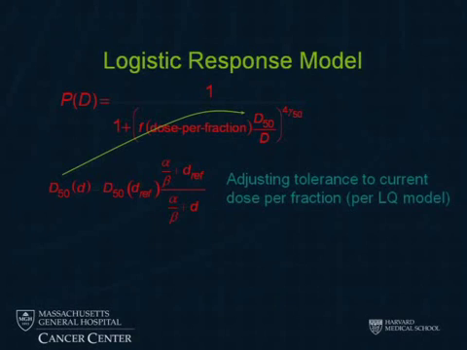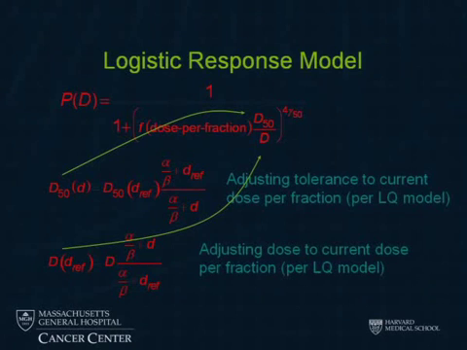So your reference dose per fraction would be 2 gray. So you can use your favorite, let's say, LQ model, and based on the LQ model you adjust tolerance dose. So you change the dose D50 as a function of dose per fraction. But again, you can do the same by adjusting dose to the current dose per fraction. It doesn't matter because this is just the reverse of the other. It's mathematically exactly the same. It doesn't matter how you interpret it, whether by adjusting dose or adjusting the tolerance. It gives you the same result.